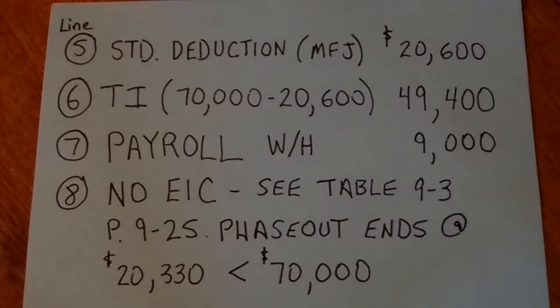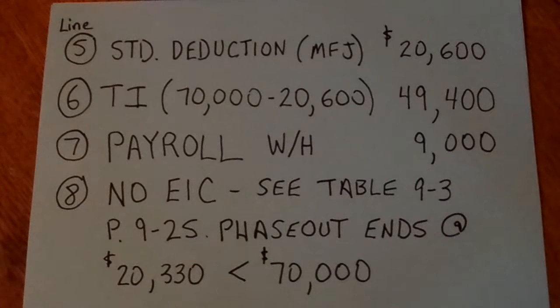There's no earned income credit here, and if you were to look in your book at Table 9.3, page 925, you'd notice that the earned income credit phases out completely at $20,330. So with them earning $70,000, they're way above the $20,330. And you can go read about the earned income credit.